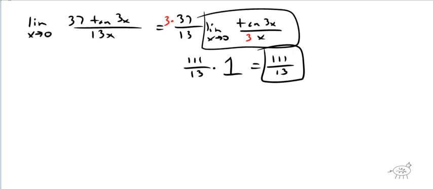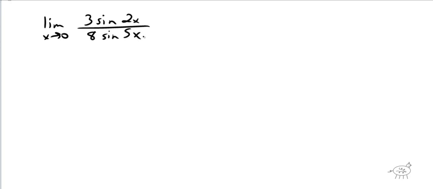Okay, let's take a look at an even more complicated one, though not that bad. Limit as x approaches 0 of 3 sine of 2x over 8 sine of 5x. What? Well, remember, in order for the limits to work for sine and tangent, you have to have an x opposite it.